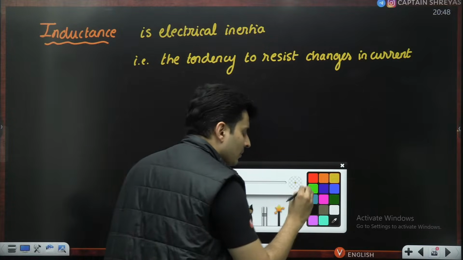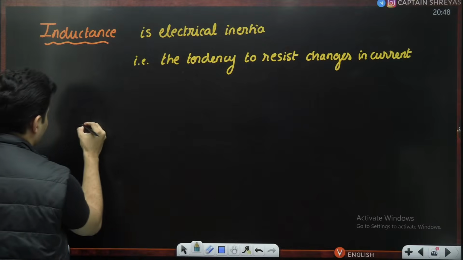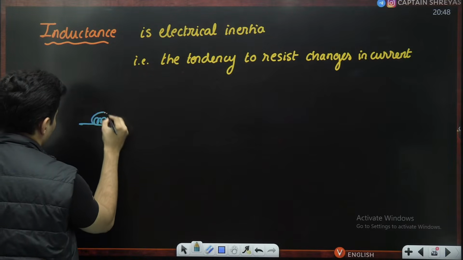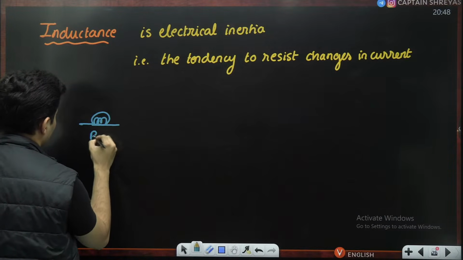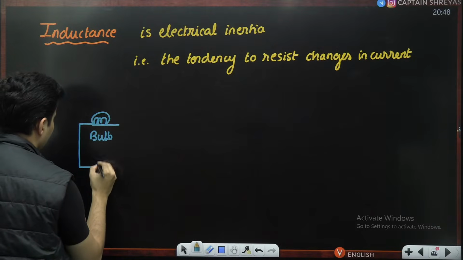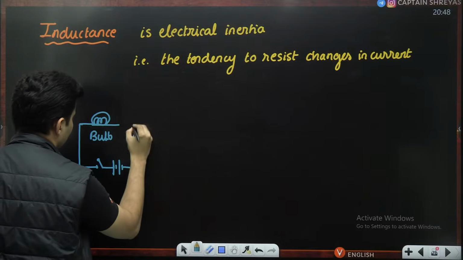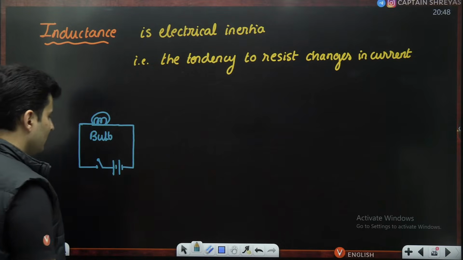Let me explain this to you with an example. Imagine there is a bulb over here, a bulb like this. There is a switch, there is a battery like this, and it is connected over here.